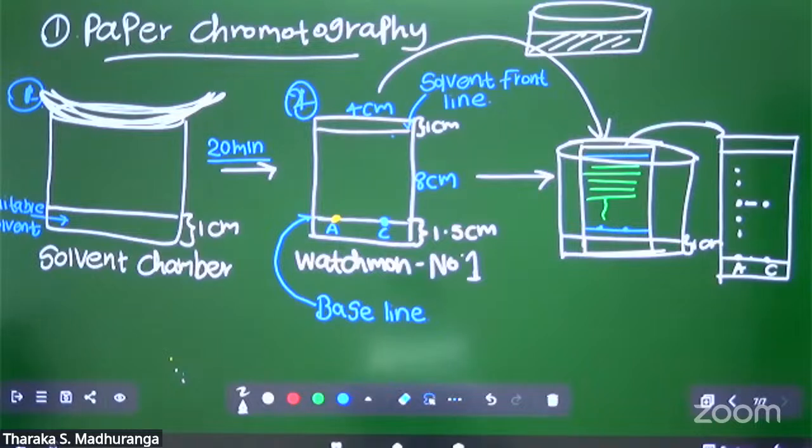Any doubt? Tell me. Very simple. If you understood, no need to worry about chromatography again. That's all about paper chromatography. Any doubt?